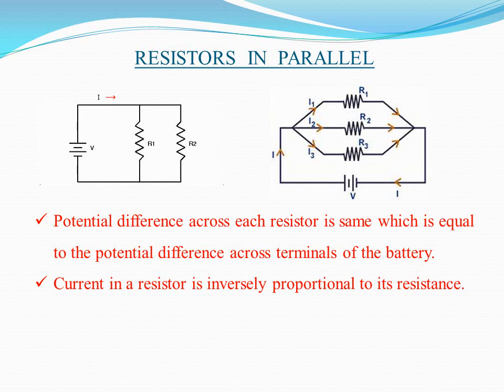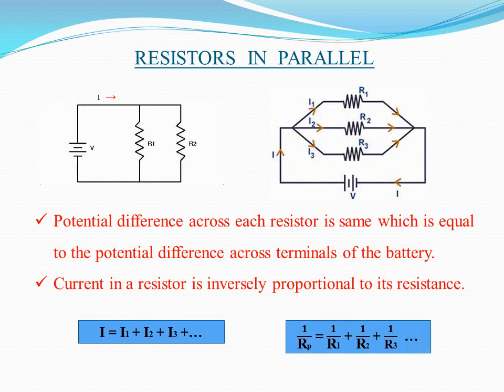So here we can see the current is divided into I1, I2 and I3, and the amount of current that flows through each resistor depends on its resistance value. So I is equal to I1 plus I2 plus I3 and it goes on.